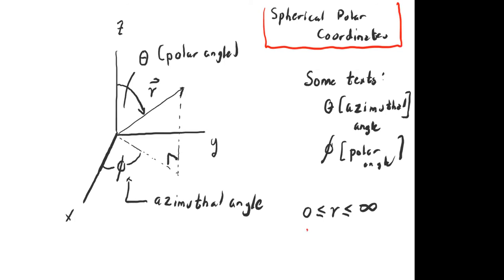Theta, the polar angle, is going to start at 0, and it's not going to stop at pi over 2, because if it stopped at pi over 2, it would just hit the xy plane, and you'd get a hemisphere, not a sphere. So you want this thing to go all the way to pi.